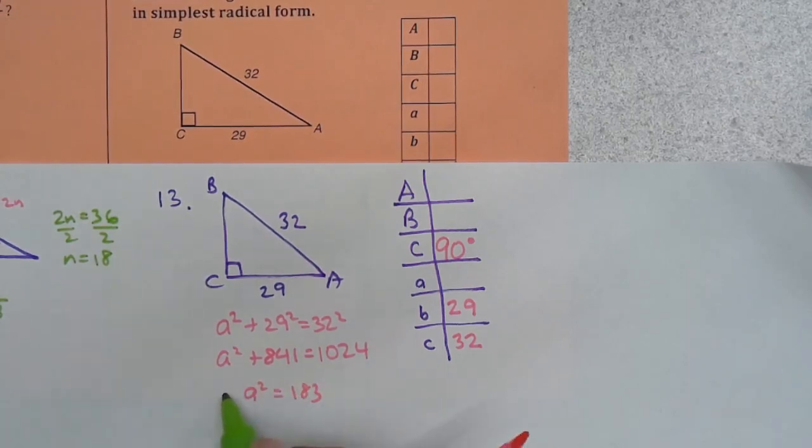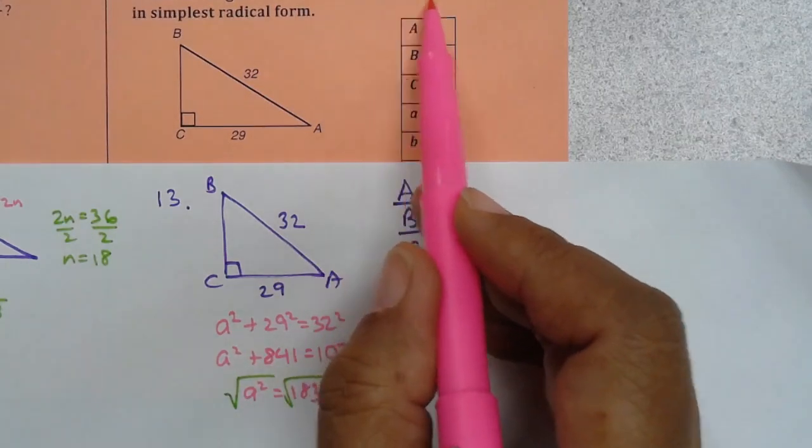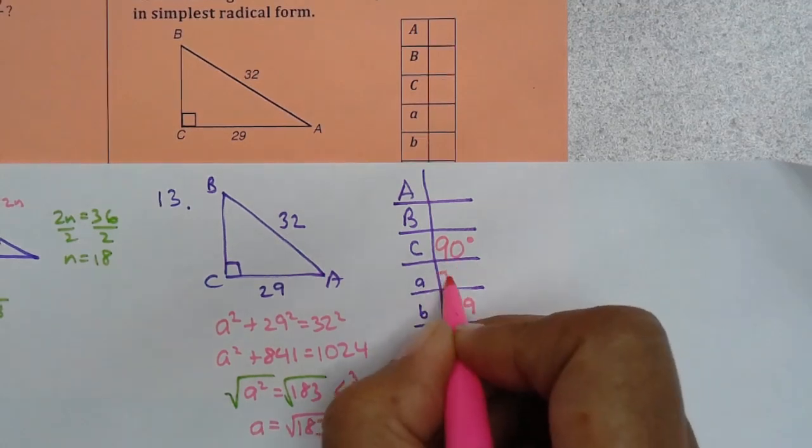Taking the square root of 183, it wants us to round all angles to 1 decimal place and leave the sides in simplest radical form. Well, 183, let's see, 3 goes in there, a total of 61, and 61 doesn't break down. There's no pairs. So a is just exactly the square root of 183. I can't simplify it. So that's square root of 183.